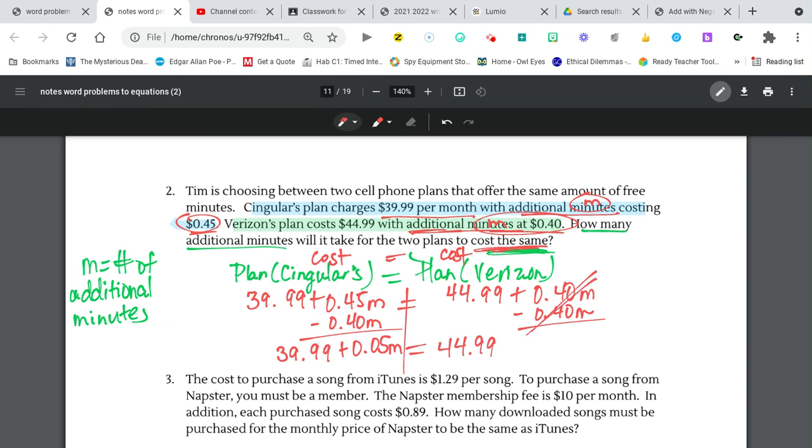I'm going to have to rewrite this because I don't have enough room. Hold on, guys. I'm trying to make it smaller so it all fits.